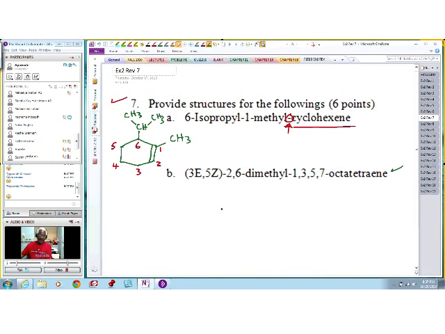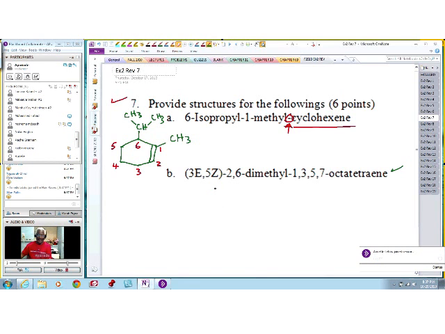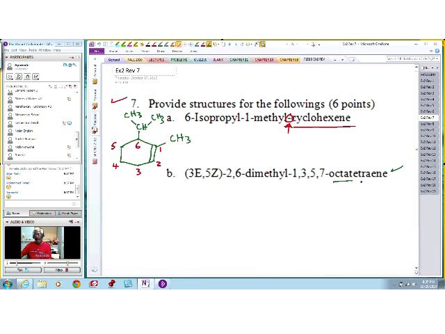B. 3E,5Z-2,6-dimethyl-1,3,5,7-octatetraene. What this tells us is that the base name must have 8 carbon atoms, and you also have 4 carbon-carbon double bonds in the base name, and those double bonds are in positions 1, 3, 5, and 7.